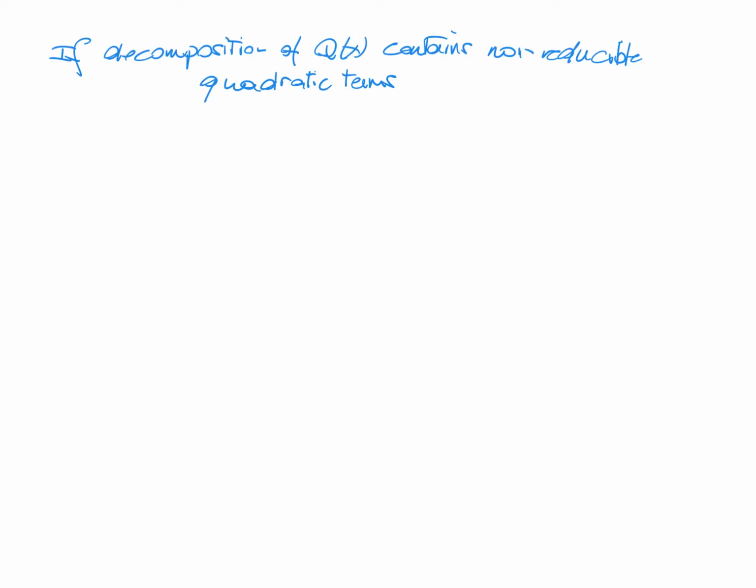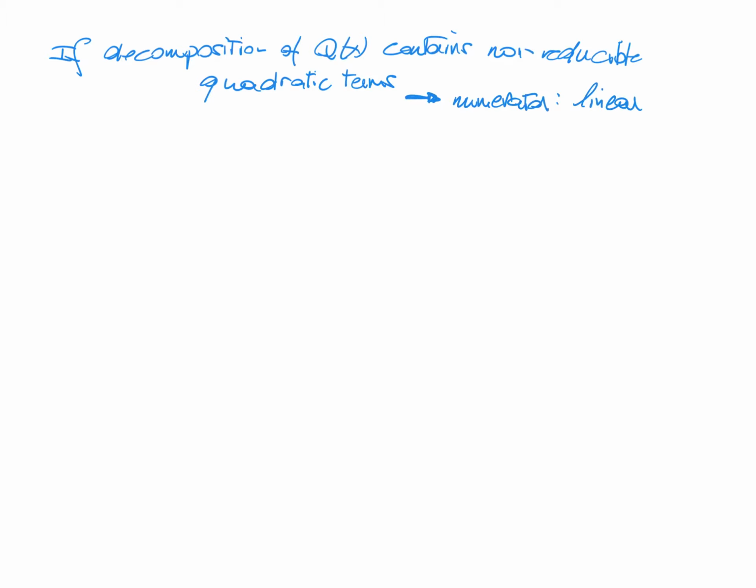So it contains second order terms, x squared plus something, which can no longer be reduced to linear terms. So they cannot be reduced, they cannot be further factorized than a quadratic term. If you have this, in that case, the numerator will not be a constant, but will be linear.